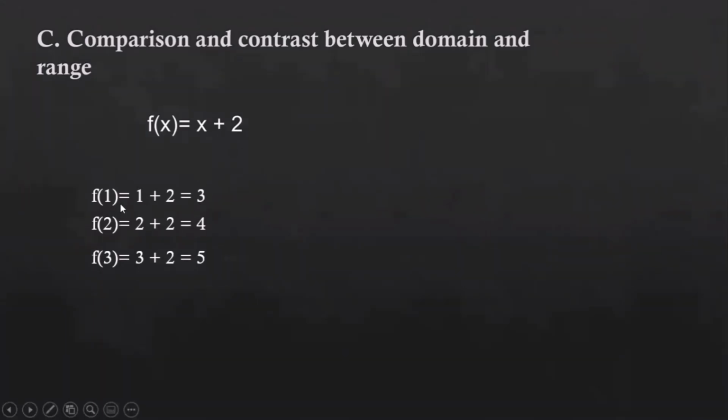In the same way, if the input is 2 or 3, you get the results 4 and 5. So in this case, the domain is all the inputs, the numbers inside this bracket, which are 1, 2, and 3, while the range is all the outputs, or all the results, which are 3, 4, and 5.